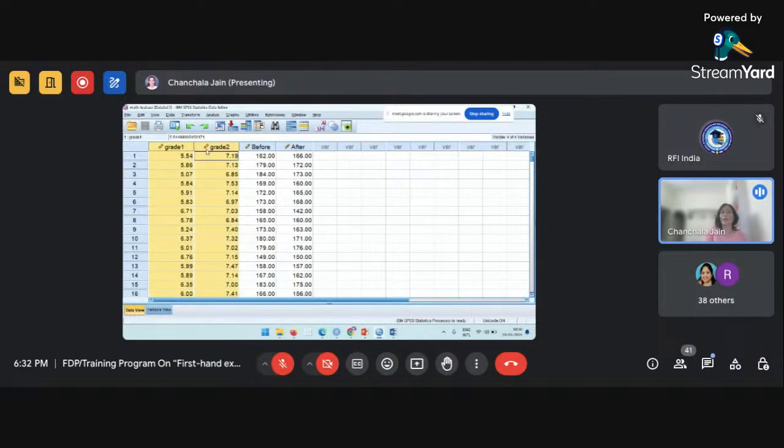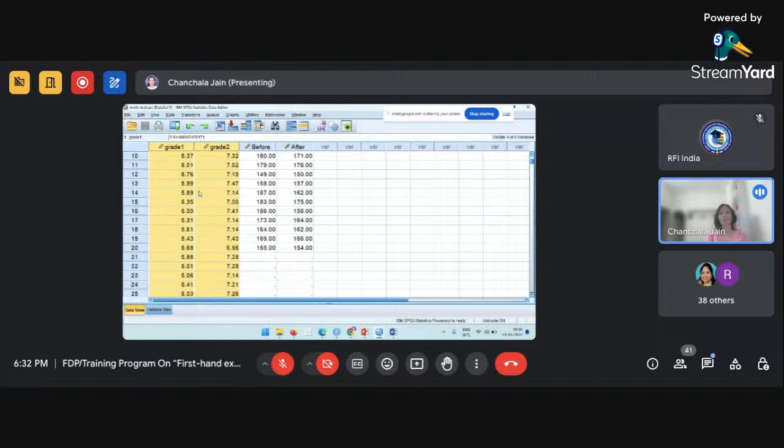Suppose I have conducted a test of the students, for example for the subject maths. Suppose I conducted the test before teaching them, and then conducted the test after teaching them. For the same number of people, I conducted a test twice with the same questions.